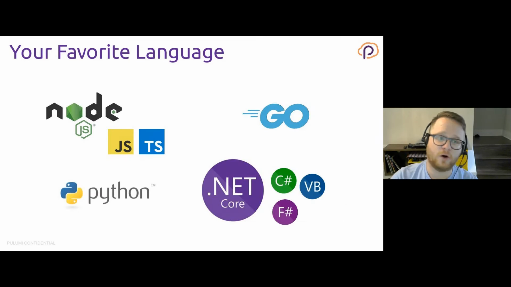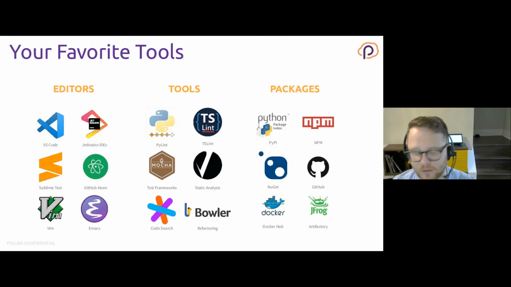As I mentioned before, you can define your infrastructure in any of the languages that you see before you. Because we support these different language ecosystems, it allows you to use the tooling that you are familiar with in your workflow. And you can see here some examples of the editors, the tools and the package management options that you would use.